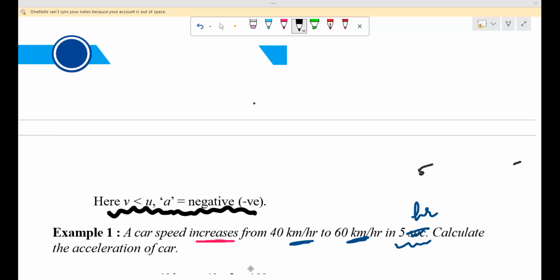Chalo, what is the formula you're going to apply? V minus U by T. What is V? V is final. 60. Then minus 40 kilometer per hour, upon.